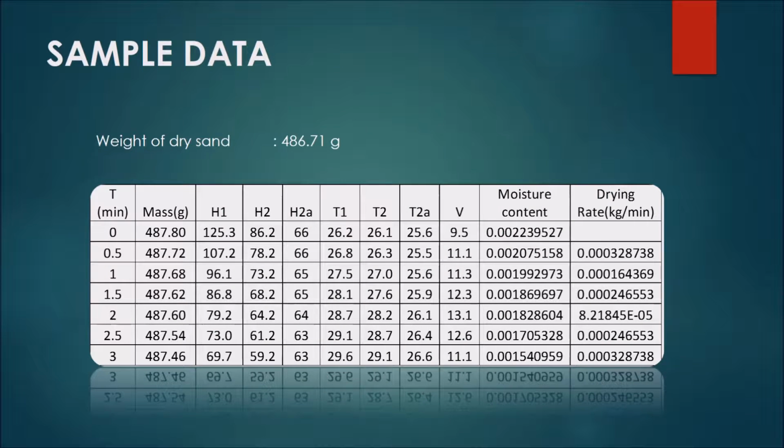For both experiments, we will obtain the reading of mass of the sand, H1, H2, T1, T2, and also the velocity of the air. These readings alone are not enough to study the effect of the temperature and also velocity of the air. Thus, we need to calculate moisture content and drying rate to get the relation between them.